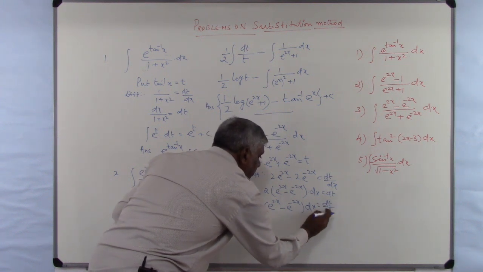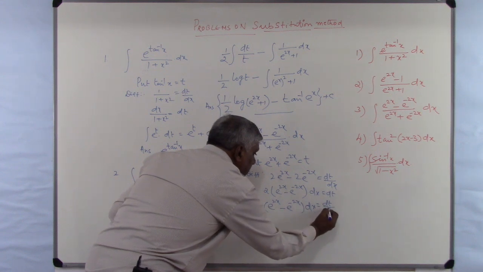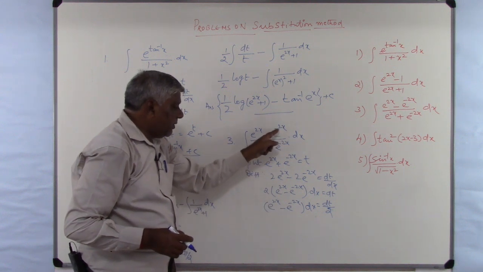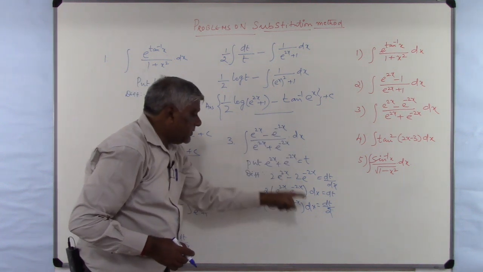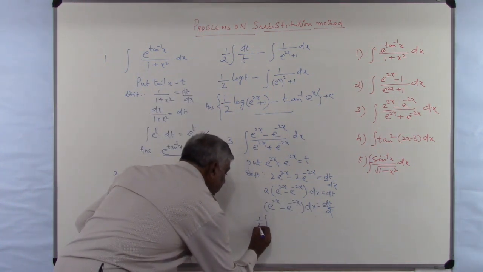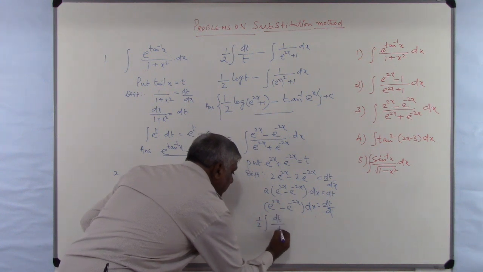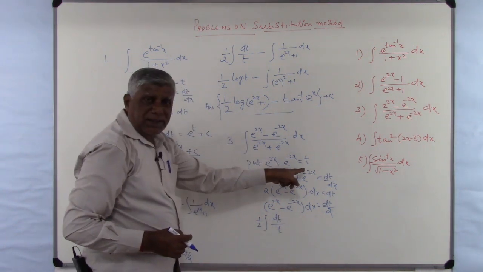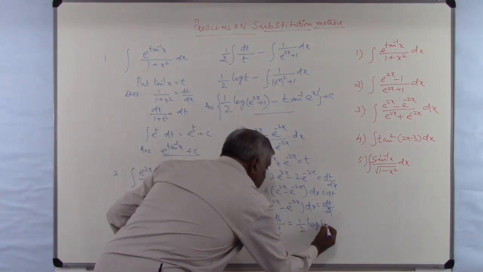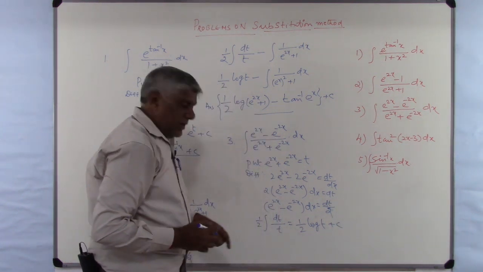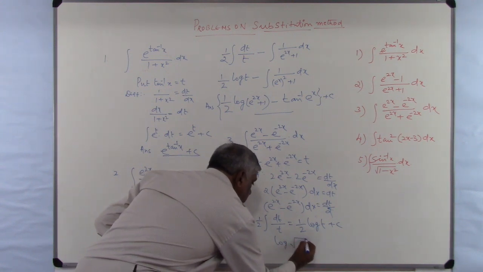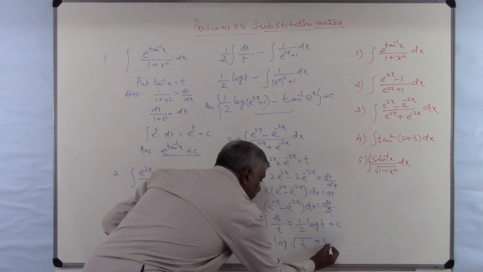So the integral of dt by t, because we have kept this as t, is equal to half log t plus c, or log of root of t plus c.